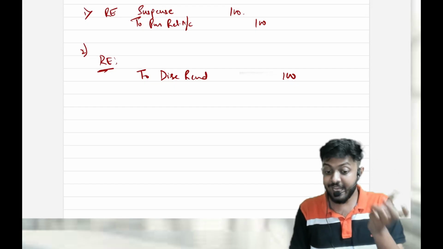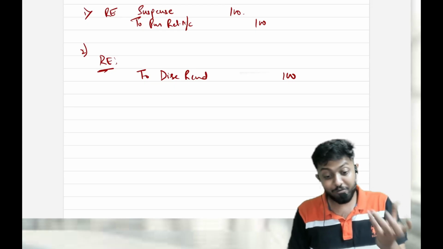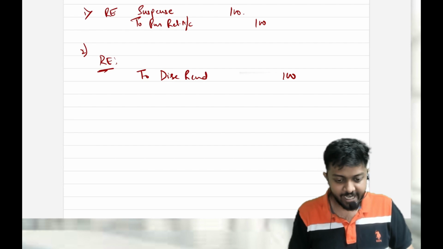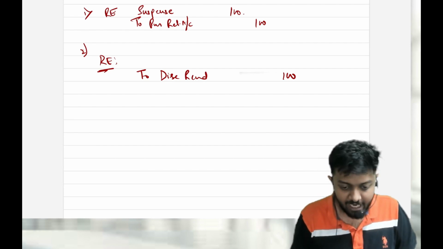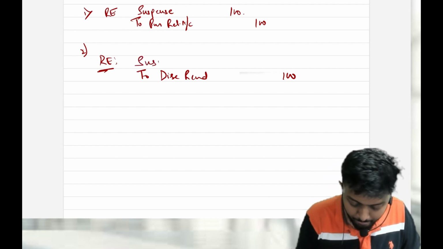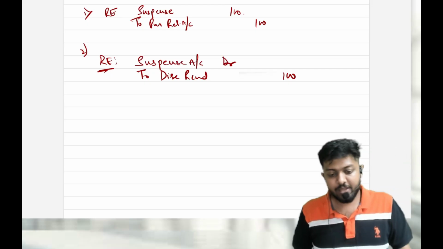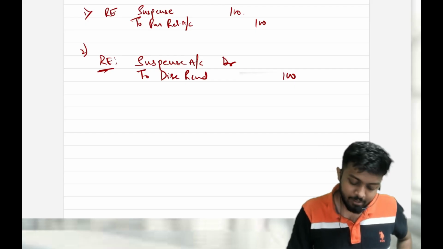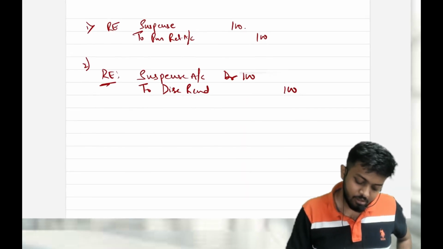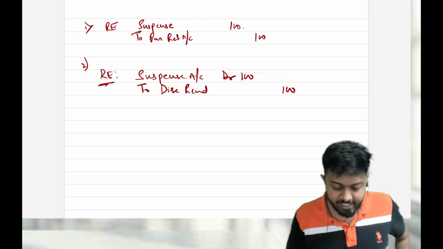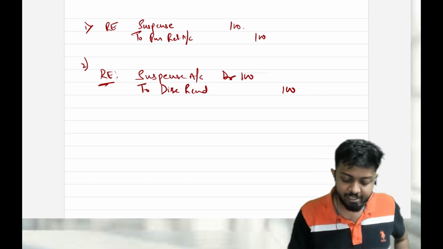That is the basic assumption in rectification of errors. That means the other parts are correct. Since it's a one-sided error and it is happening after the trial balance, I will use the suspense account debit. Only discount received has not been posted. When they post it, income increases, credit. Debit, nothing is there. The other aspects have been posted correctly.